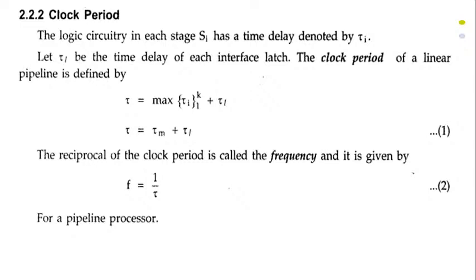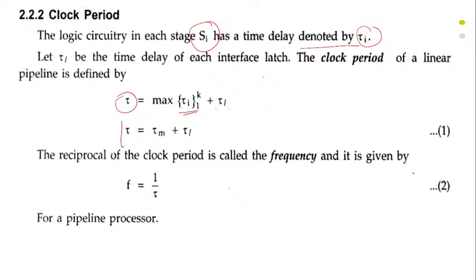Then clock period. The logical circuitry in each stage Si has a time delay denoted by tau i. So tau is equal to the maximum delay tau i plus tau 1.